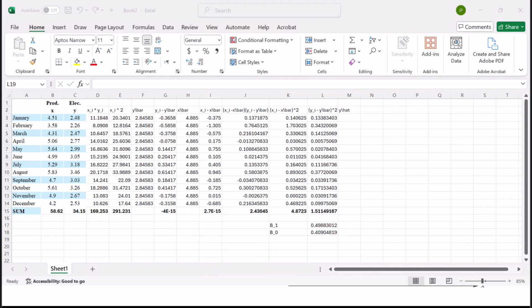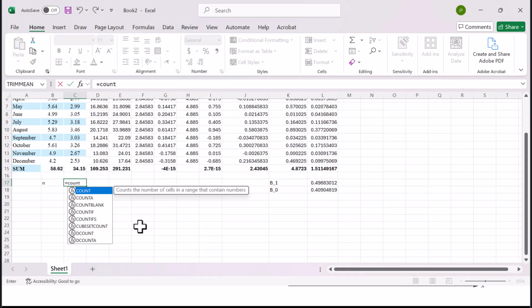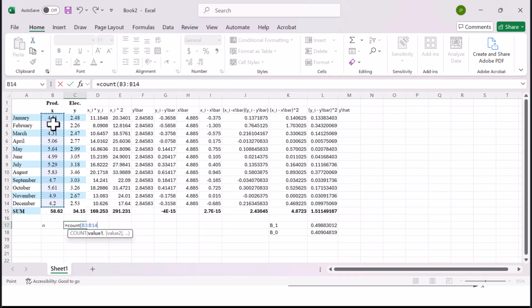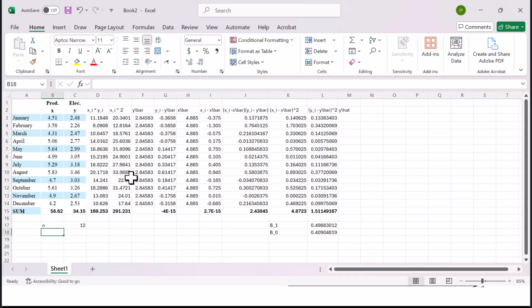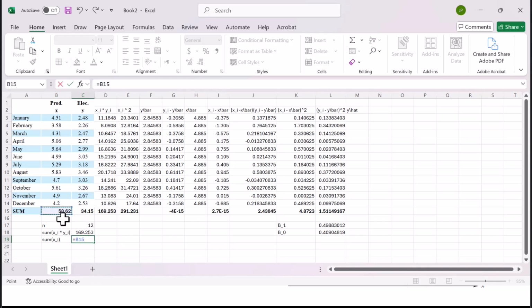Also, we have another equation for beta 1 and beta 0. I will calculate it here. First, we need to find n. So n is equal to the number of data that we have, which is equal to 12. Then we need to find the sum of xi multiply yi, which is equal to this one, right? Then the sum of xi, which is equal to this one.